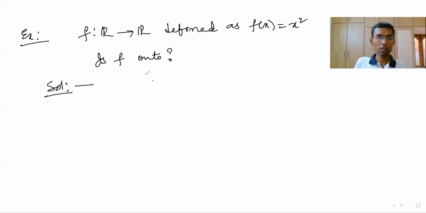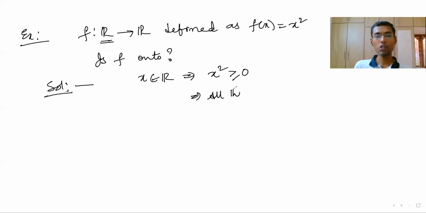What are the images? f of x, all the images. x square is a real number, right? x is any real number you take, so x square is always greater than or equal to 0. That implies all the images are only non-negative. You understand?